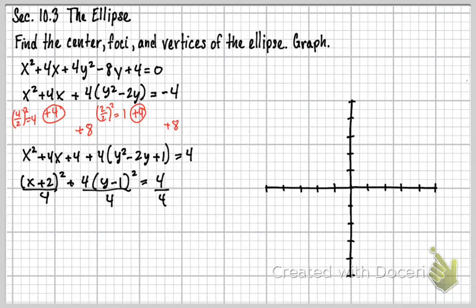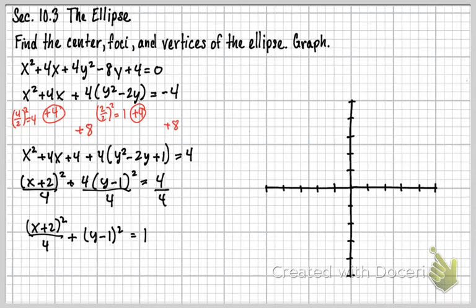All right, so then that's going to give us x plus 2 squared over 4 plus, and then those 4's are going to cancel here, so I'm going to get y minus 1 squared equals 1. So that's what we want. So there's our equation in its form where we can get all the information we want from, except for the c, of course, but we could find that very easily.